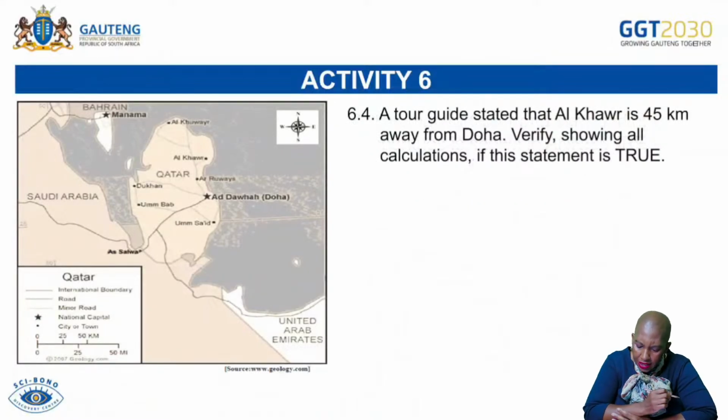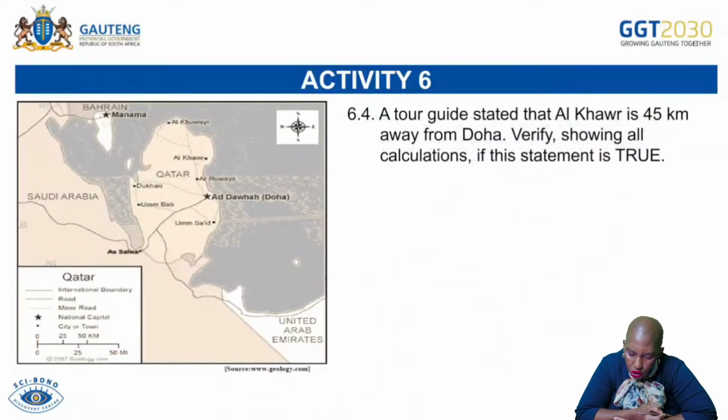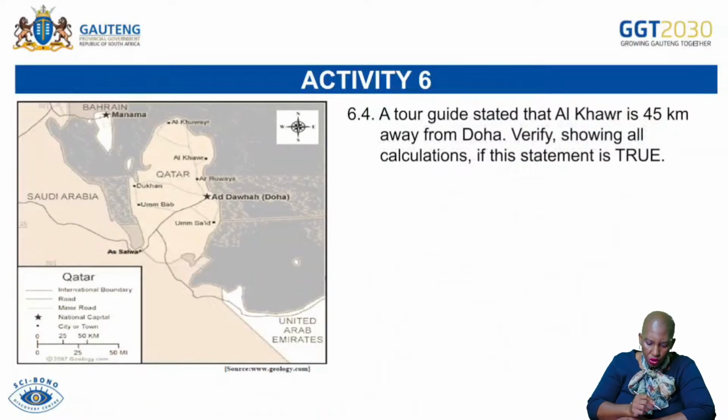A tour guide stated that Alcal is 45 kilometers away from Doha. Verify showing all calculations if the statement is true. Now, what you need to do, you need to measure now.